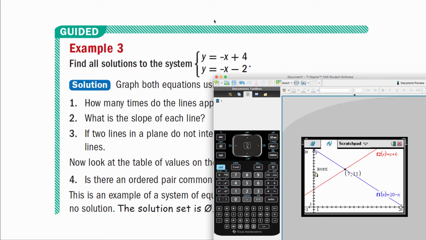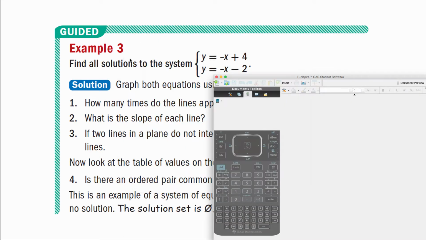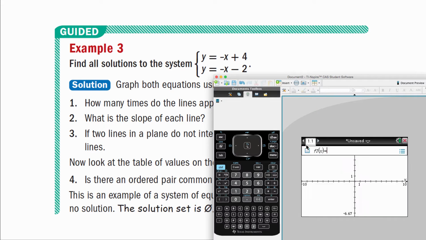We'll go ahead and I'll open up another document on this. Sorry. Okay. We're going to add a graph, and so here's our f sub 1 of x, and that's going to be equal to negative x plus 4.